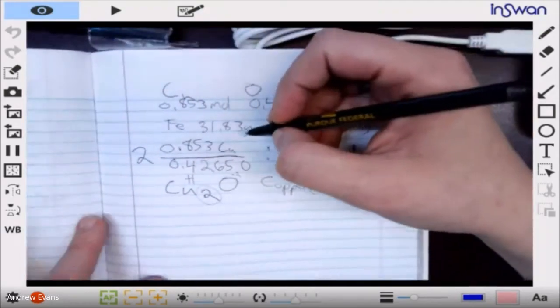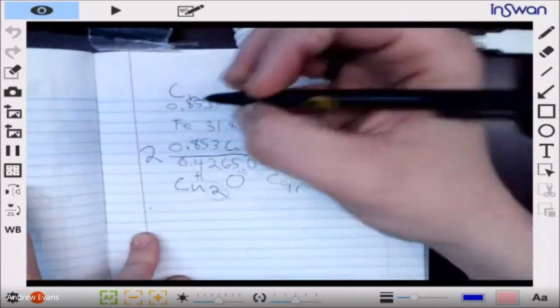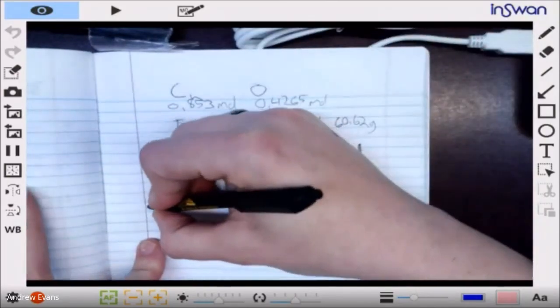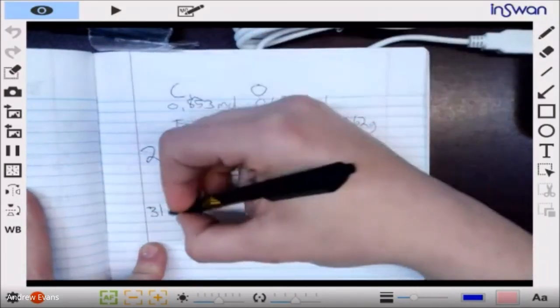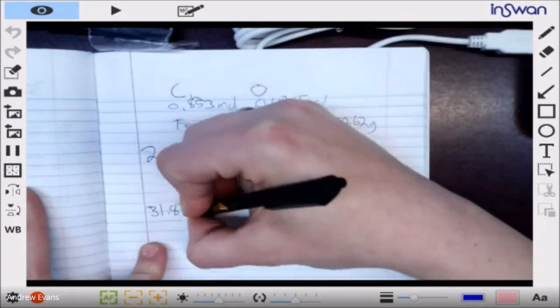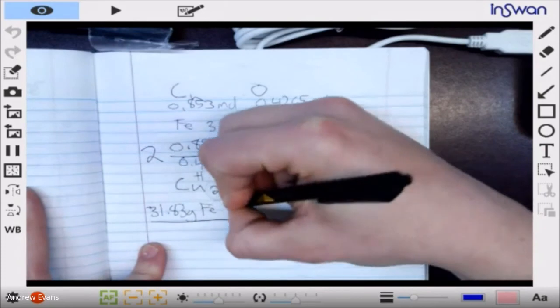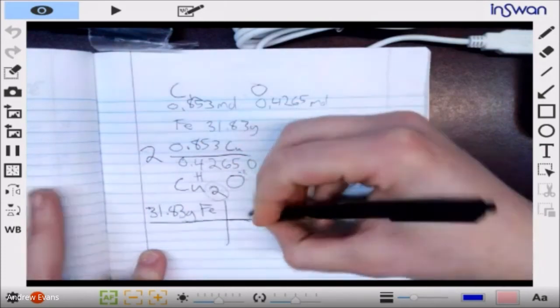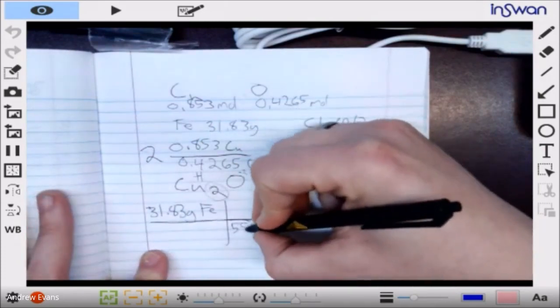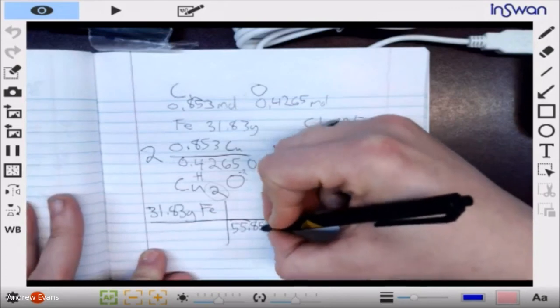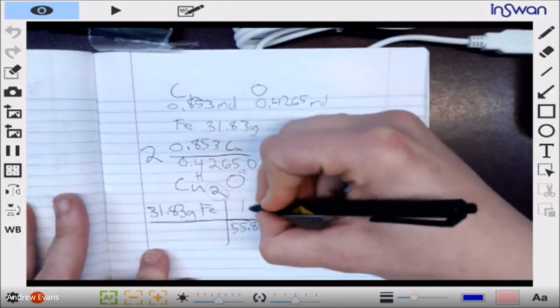Looking at iron, this one we have to do a little bit harder. We start with 31.83 grams of iron. We need to turn this into moles of iron. So we use 55.85 grams of iron for 1 mole of iron.